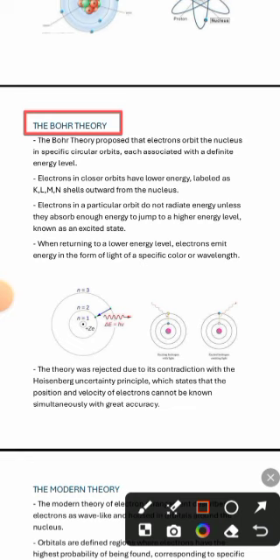Bohr's theory proposed that electrons orbit the nucleus in specific circular orbits, each associated with a definite energy level. He proposed that electrons exist in orbits with definite energy levels.